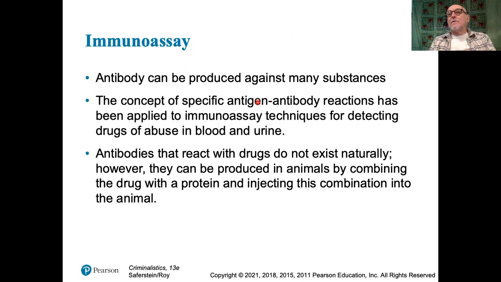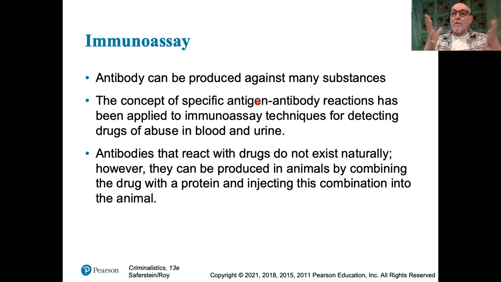This is very often done using rabbits. If we inject foreign substances into a rabbit, we can get the rabbit to produce antibodies to that substance. We can then take the rabbit blood, extract its serum, and extract the antibody from the serum and use it to test for the substance that we injected.